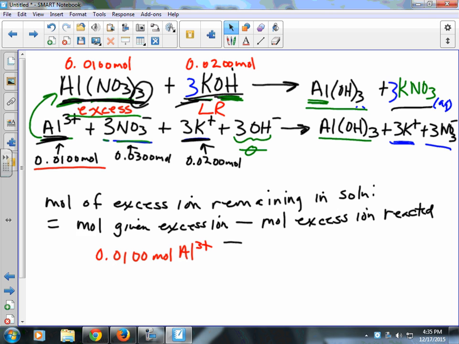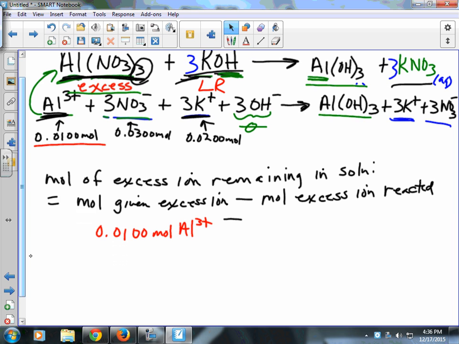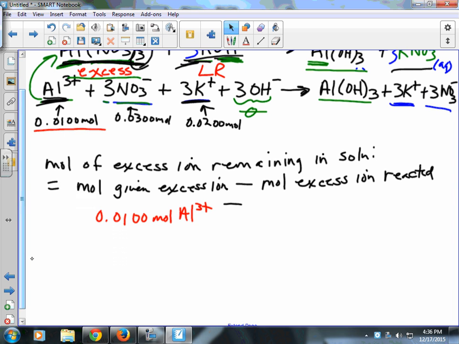Okay, so remember, anytime you want to find out how much of something reacts or produced, you got to use your limiting reactant. So what we're going to do, we're going to take this given amount of limiting reactant and we're going to convert it to the excess. And that'll tell us how much excess reacted. So I'm going to do that down here at the bottom.